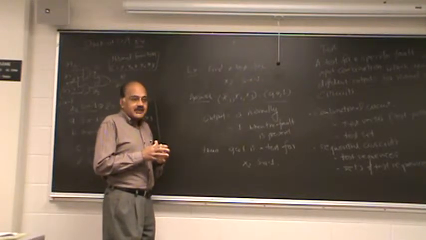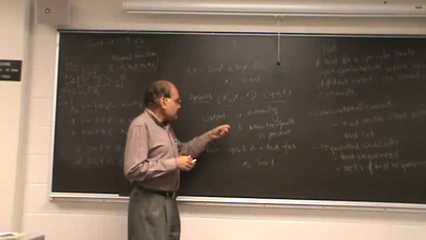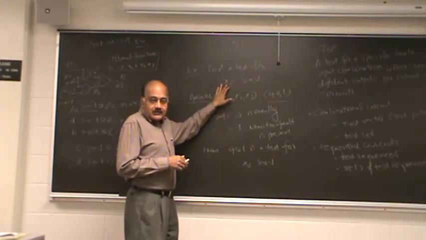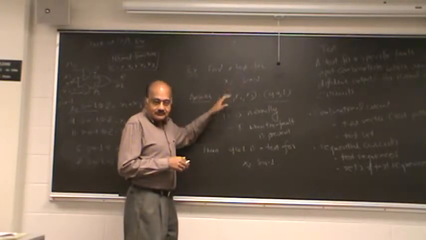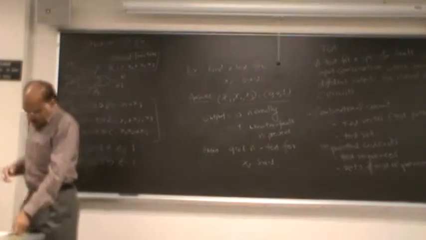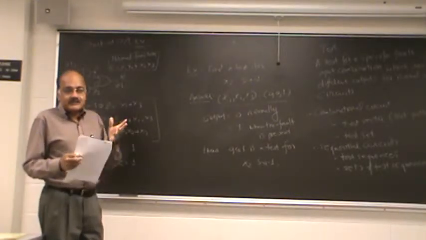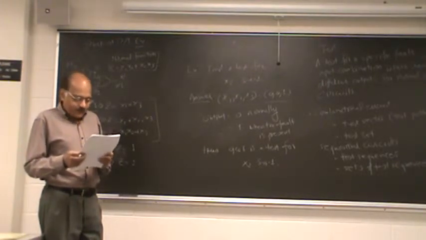But what we are claiming is that if this fault is there, then this test will detect that fault. Now, as we are going to see later, it is quite common that a single test will actually test for several faults.